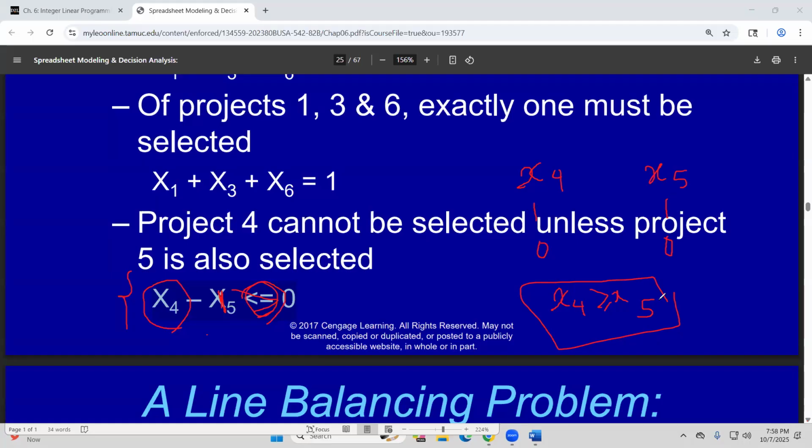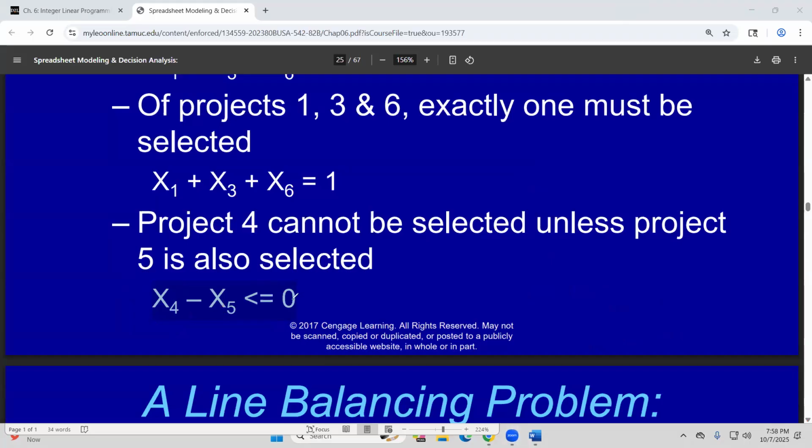So let me analyze this, guys. Okay. So this one. The truth table x4, x5. So when x5 is 1, x4 could be 0 or 1, right?